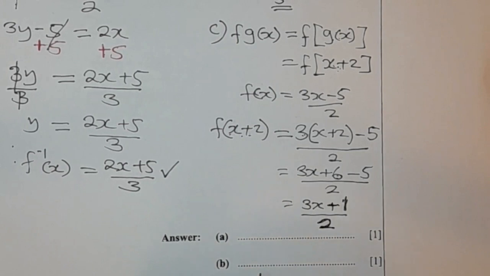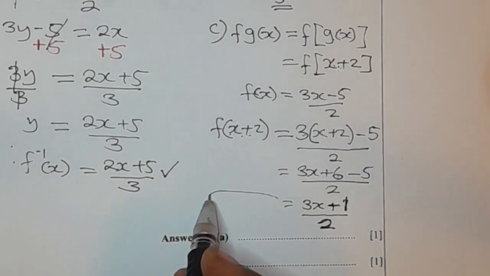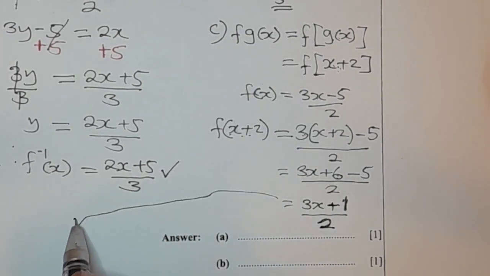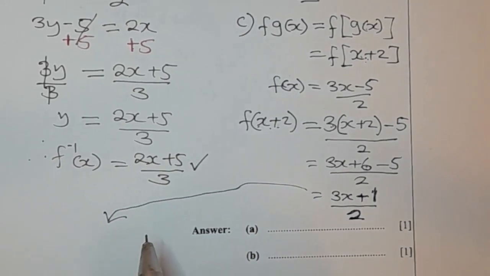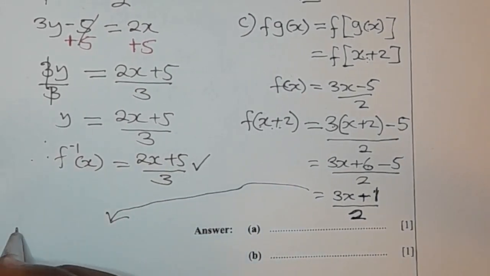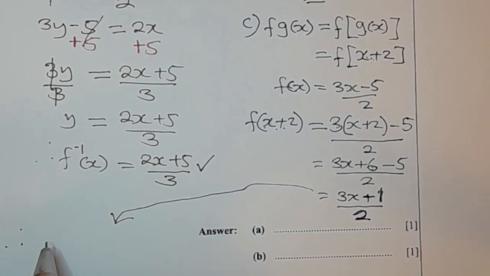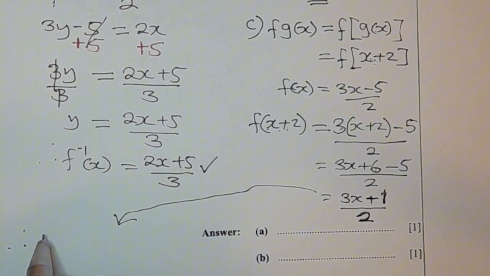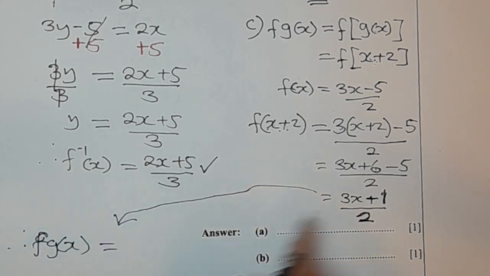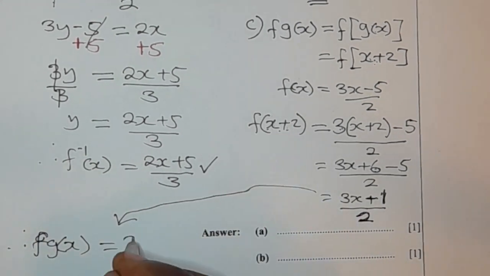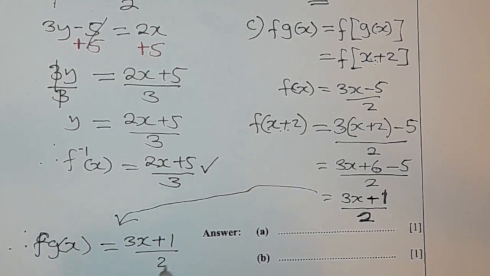I'm taking it this way because of space. So we can conclude and say, therefore, f of g of x is equal to this, (3x plus 1) over 2.